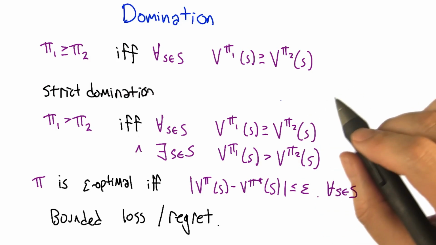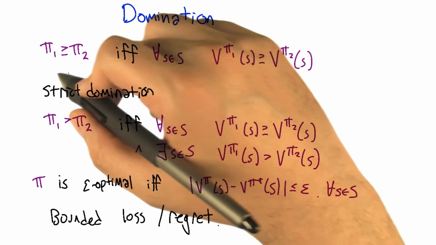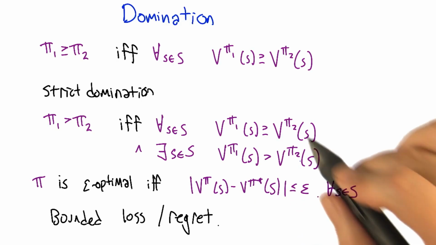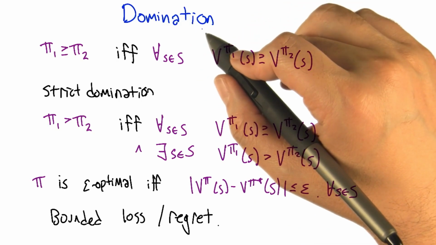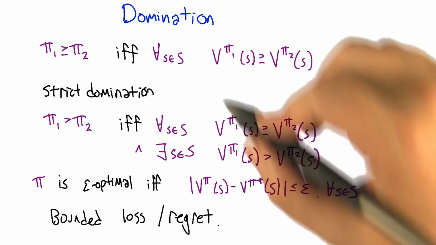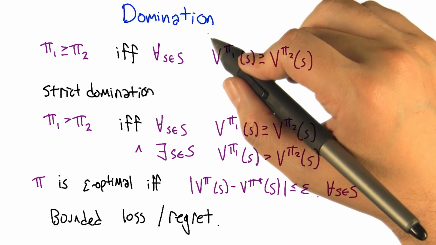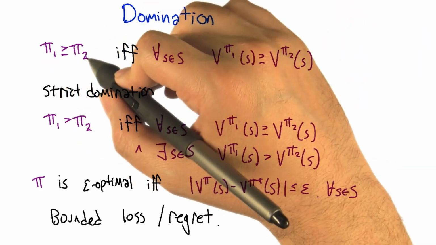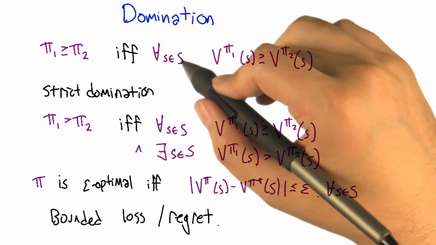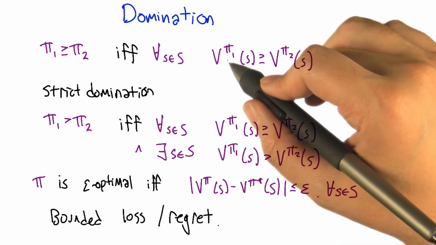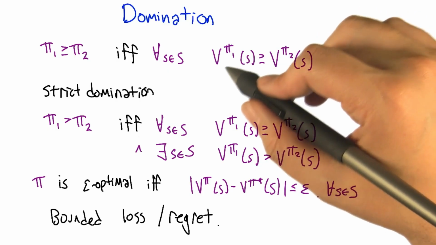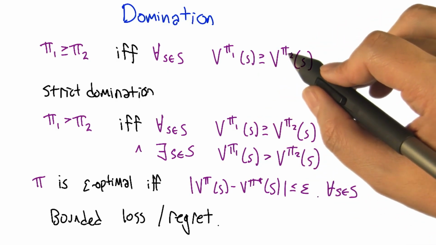One of the things that we're going to need is the ability to compare policies to each other and value functions to each other. So we're going to introduce a concept of domination. This is what domination means in the context of policies. We're going to say that policy 1 dominates policy 2 if for all states, the value of policy 1 at that state is bigger than or equal to the value at that state for policy 2.